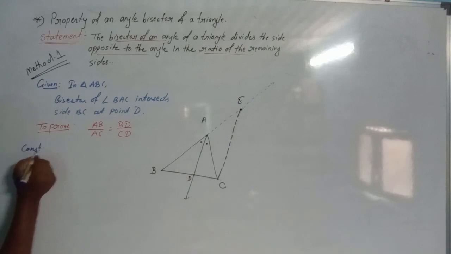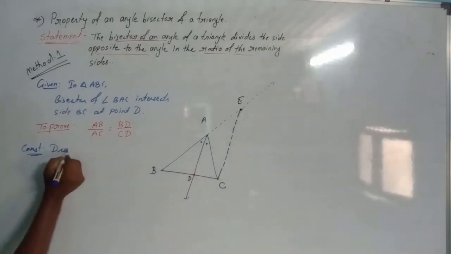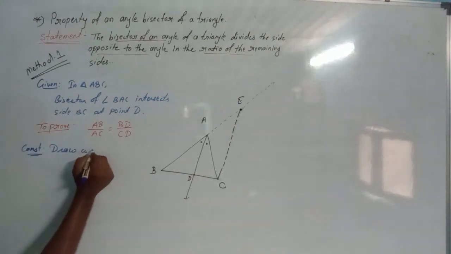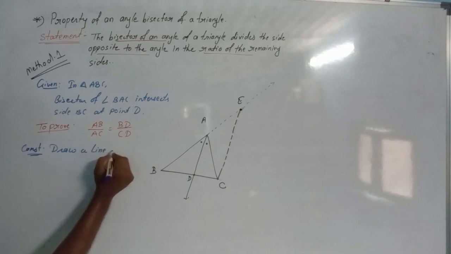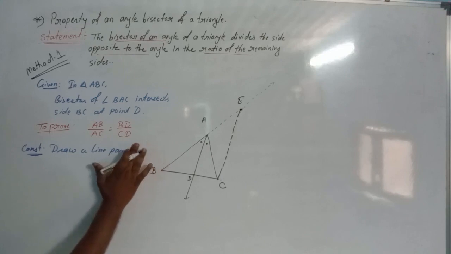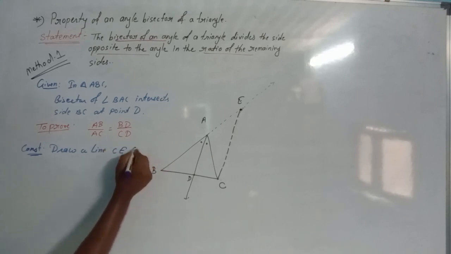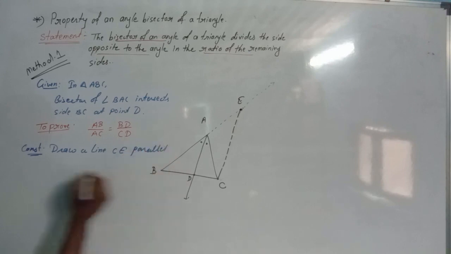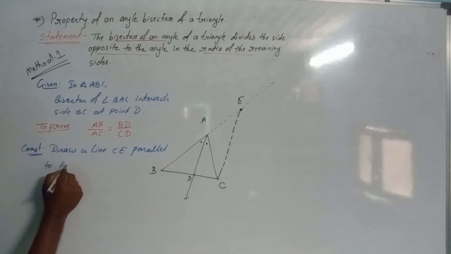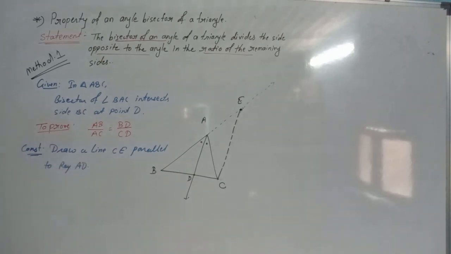So write down the construction. Construction: Draw a line through C parallel to ray AD. Correct?